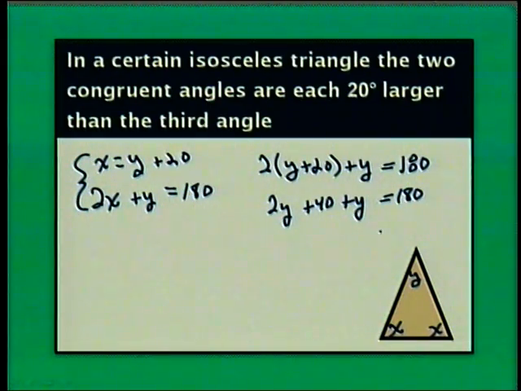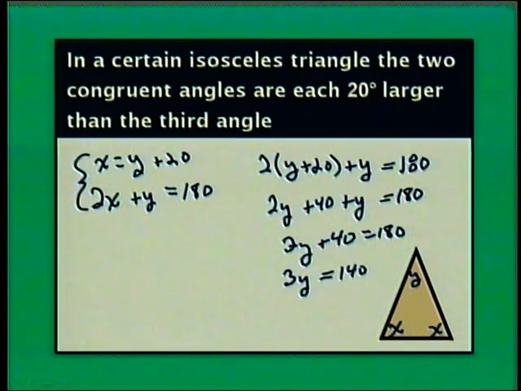Combining my y's on the left, I have 3y plus 40 equals 180. Subtracting 40 from both sides of the equation, I have 3y equals 140. And dividing both sides by 3, I have y equals 140 over 3.